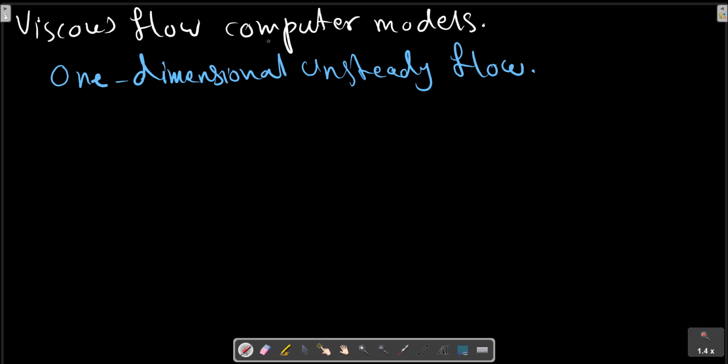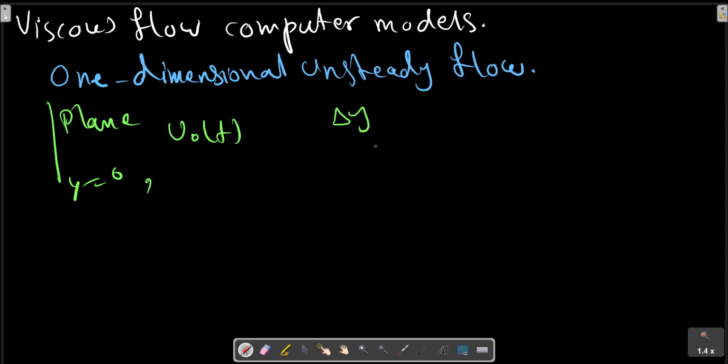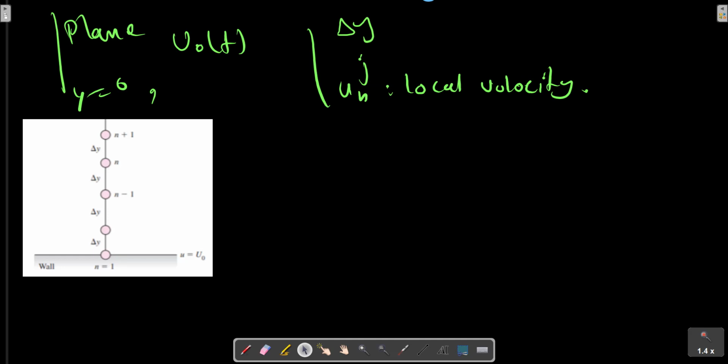Let the wall be the plane at y equal to 0, moving at the speed of U0 t. Consider a uniform vertical grid of spacing delta y, with a node at which the local velocity is u n j, as shown in this picture, where the subscript j denotes the time step j delta t.